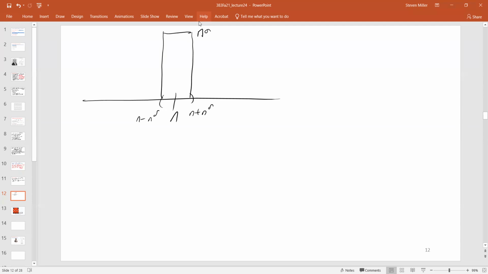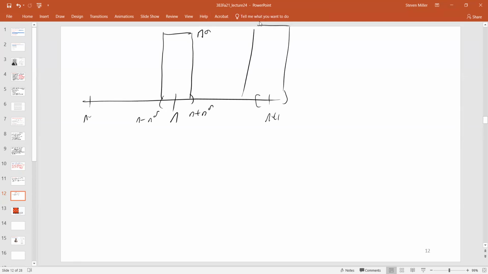So my function is basically going to be a flat rectangle over n. And then the next one I have over here at n plus 1, I'm going to have it similarly high up over here, and n minus 1 like that over here. So I'm going to make the function very large over very small windows.